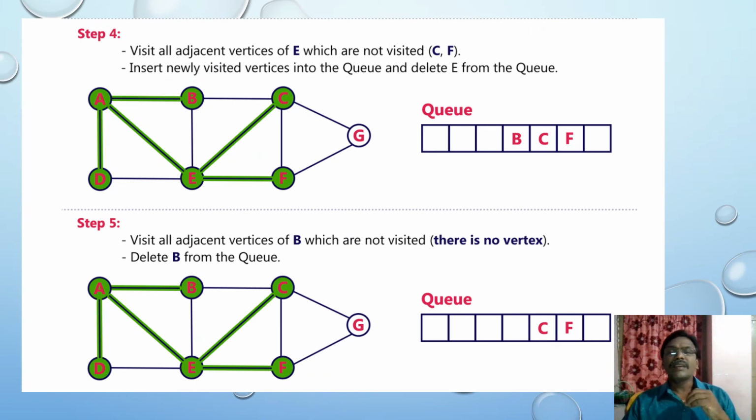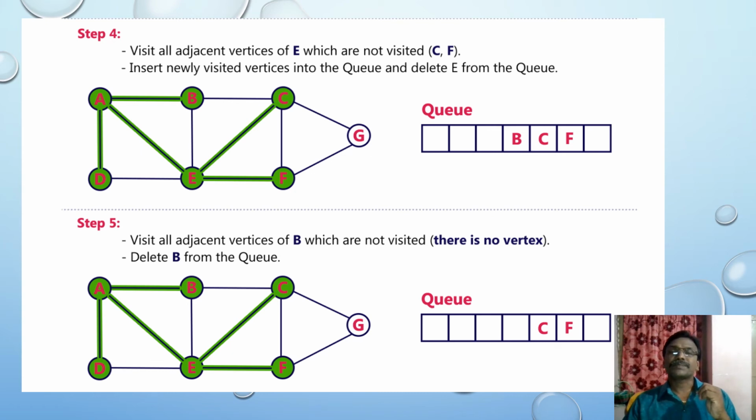Then E's adjacent vertices: C and F are non-visited, while B, A and D are already visited. So C and F are inserted into the queue.